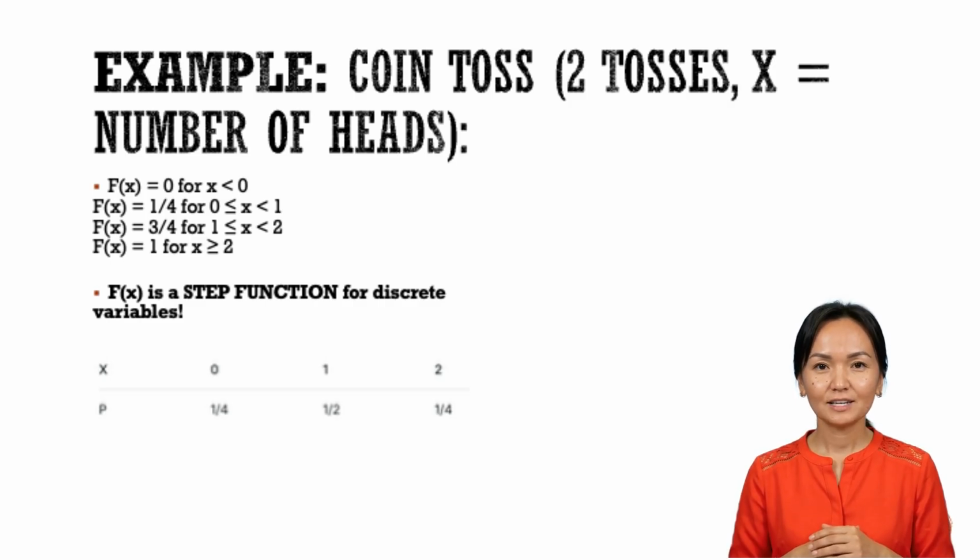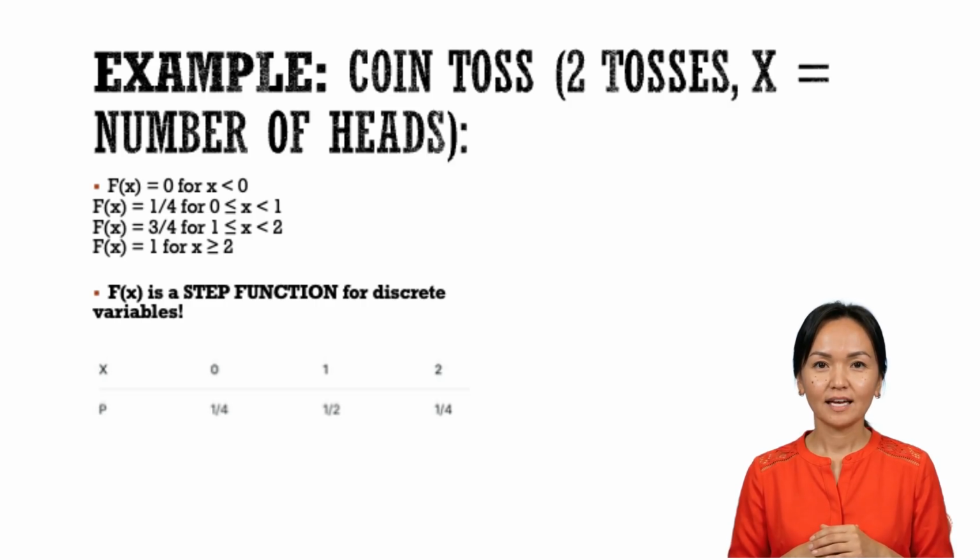For x less than 0, F(x) equals 0. For x between 0 and 1, F(x) equals 0.729. For x between 1 and 2, F(x) equals 0.729 plus 0.243, which is 0.972. For x between 2 and 3, F(x) equals 0.972 plus 0.027, which is 0.999.